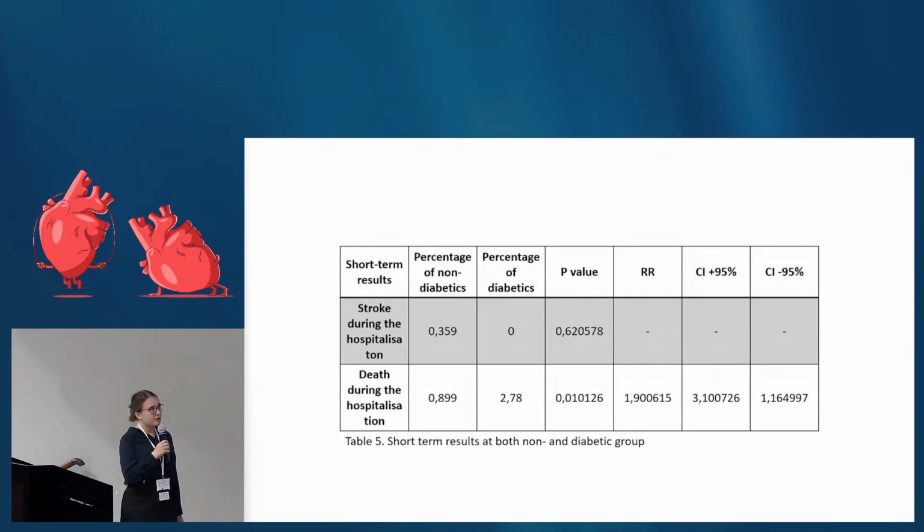Moving on to short-term results, the groups did not vary in regard to prevalence of stroke during hospitalization. However, in-hospital mortality was higher in the diabetic group. The risk was raised about 2 times.